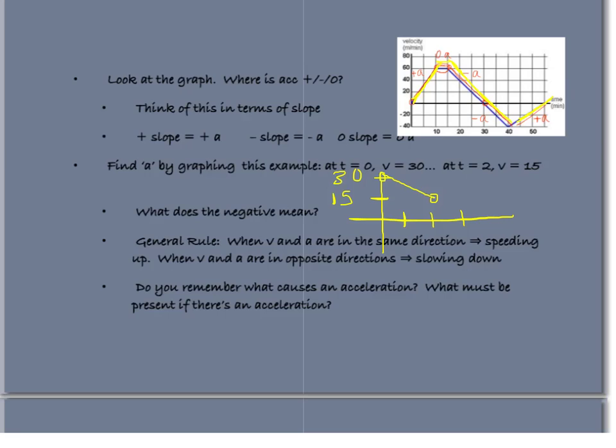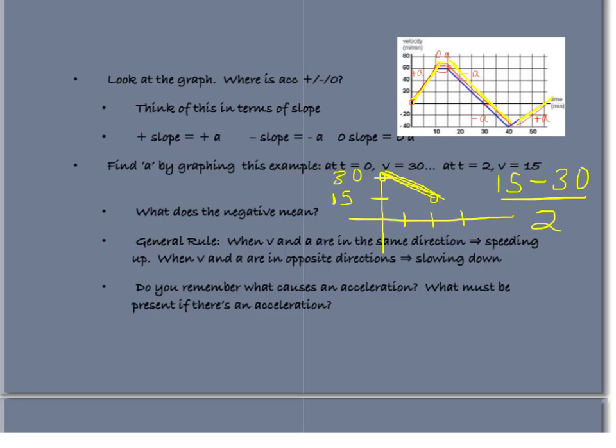If we looked at our change in velocity over our change in time, we would get a negative acceleration here, because when we take the 15, or the final velocity, minus the 30, or the initial velocity, over our 2-second interval, we're going to get a negative acceleration. Again, from our graph, we can see that this negative slope can show us that that acceleration would be negative just by looking at the graph.